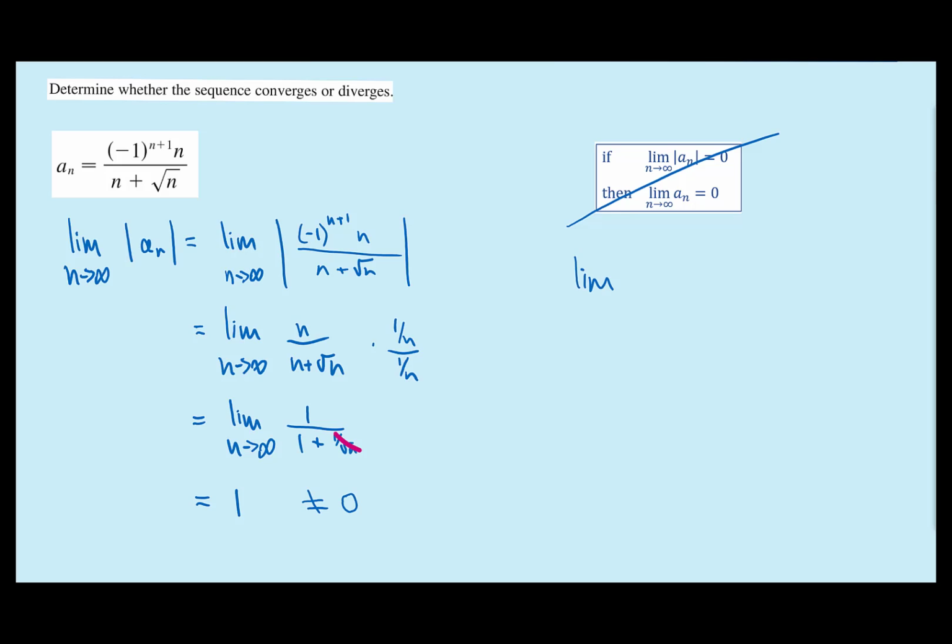So let's start again. What is the limit of a sub n? Let's just multiply the top and the bottom by 1 over n.